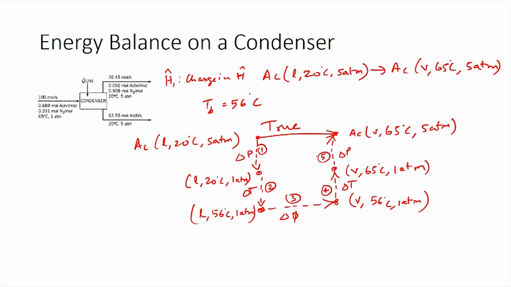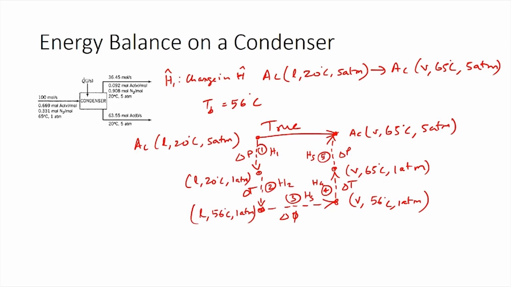We will call the enthalpy changes associated with each of these steps H1, H2, H3, H4 and H5. I have just labeled it as H1, H2, H3, H4, H5. Please do not confuse it with the H1s and H2s I have used in the table.